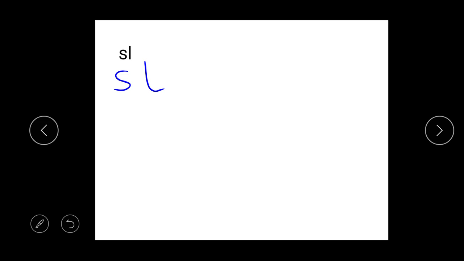Another consonant cluster is sl, and it will give you sl. Okay, so when you put your a and the p together with sl, it will give you slap.